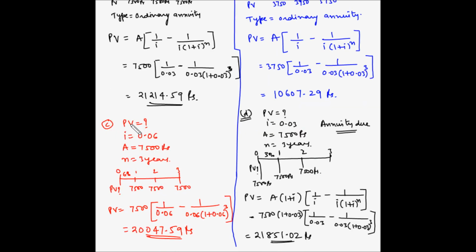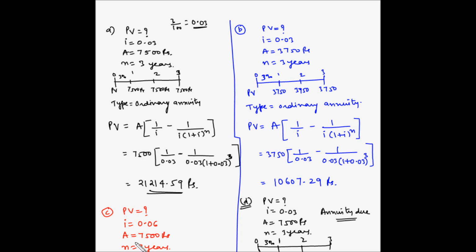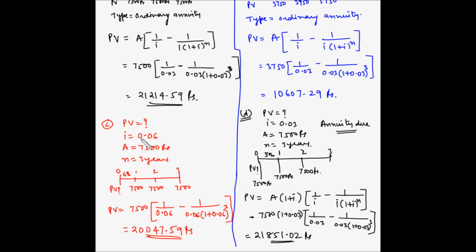Now let's look at part C. In part C, everything was same as part A, but the interest rate that we were getting from the bank was higher, which is 6%. So of course, if the interest rate is higher, the original amount that we have to deposit should be lower, because we are earning more over the period of the next 3 years. So if you see in part A, the present value is 21,214, whereas in part C, the present value needed is 20,047.59 rupees.